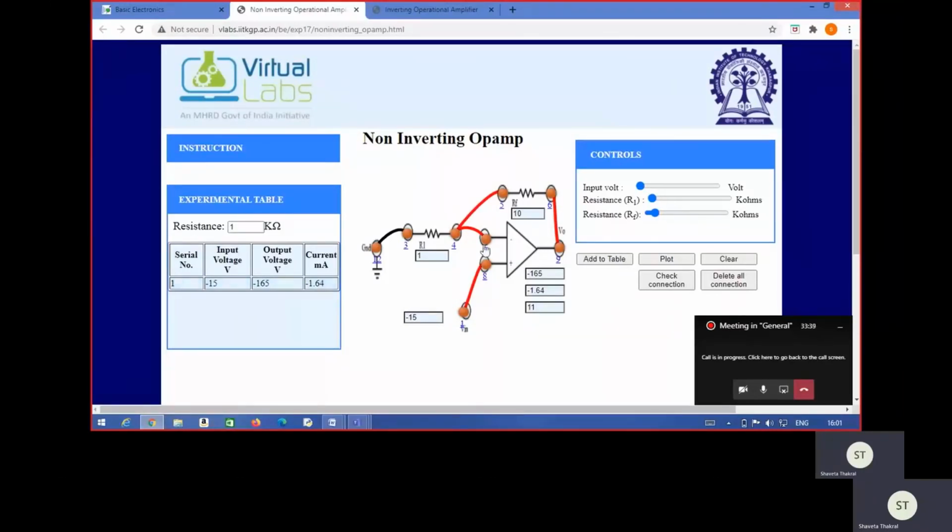So now we can change the value of input voltage by clicking here, and let's put it to minus 13. We keep on increasing the value of input voltage in steps of 2 volt and add it to the table.